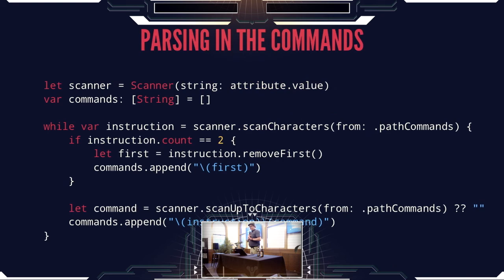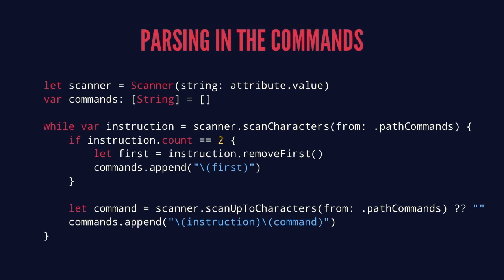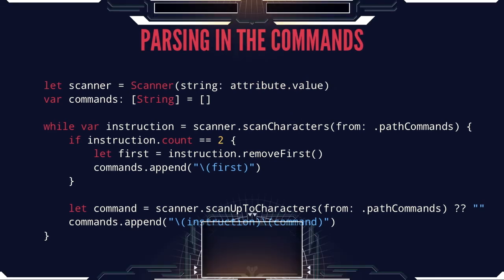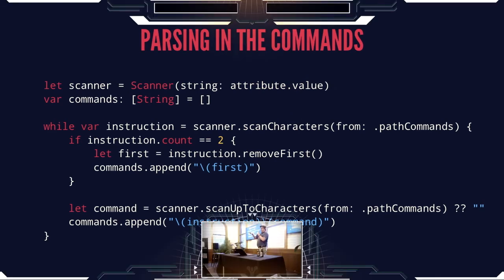Parsing this stuff. So, as mentioned, the path commands can be very involved, they can be very complex. There's often a lot of stuff going there. If you, say, have multiple coordinates after a line, then it means different things like move and then draw multiple lines and stuff like that.